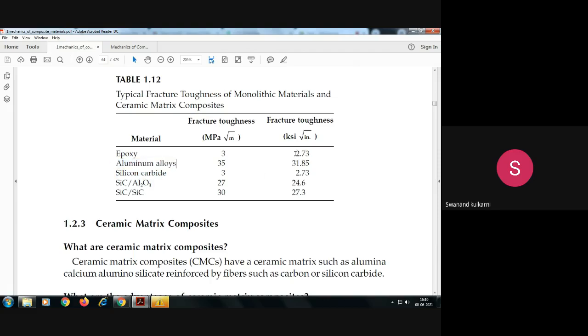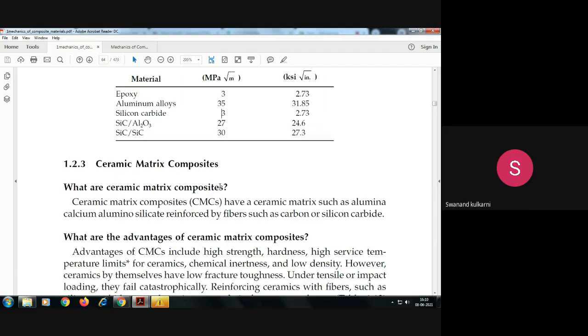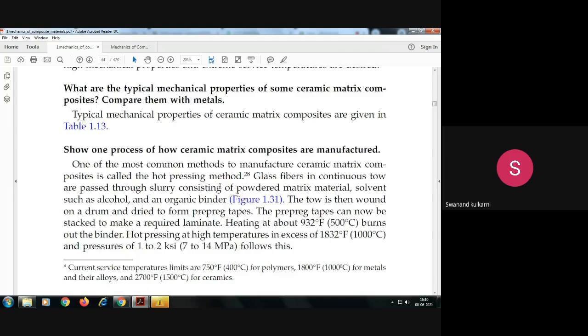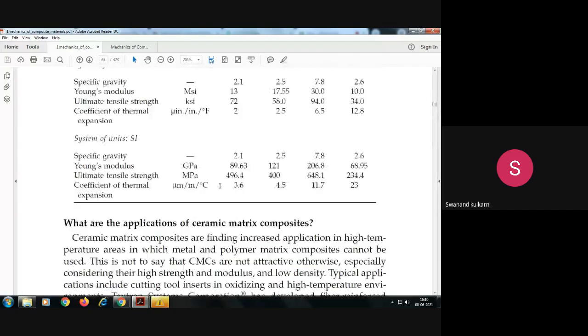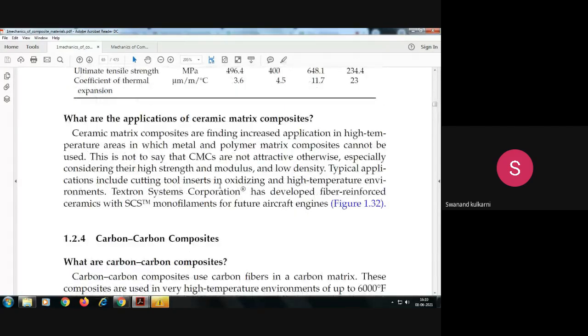Here you can see the fracture toughness in megapascal root meter for epoxy, aluminum alloy, silicon carbide, and so on. So this is the application of metal matrix composites.